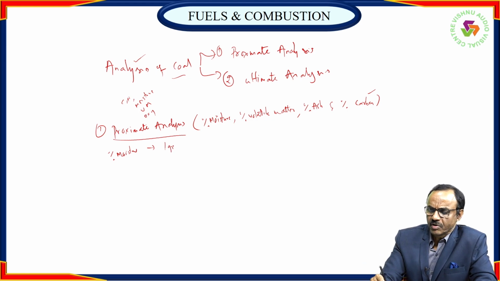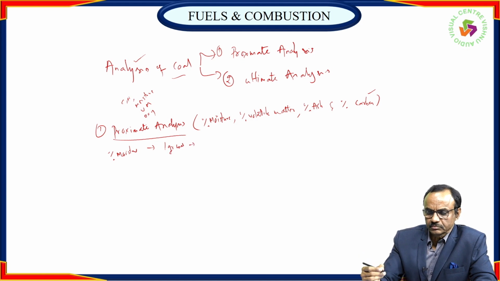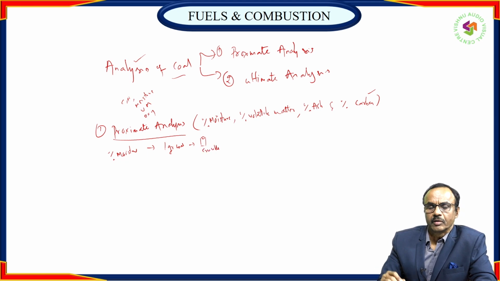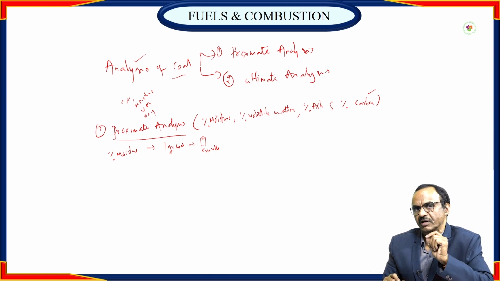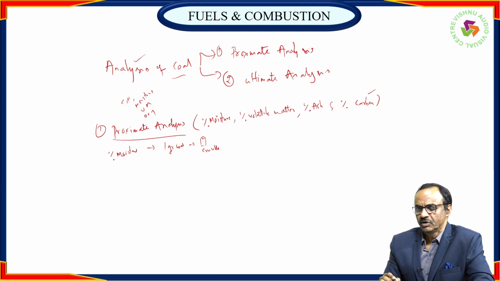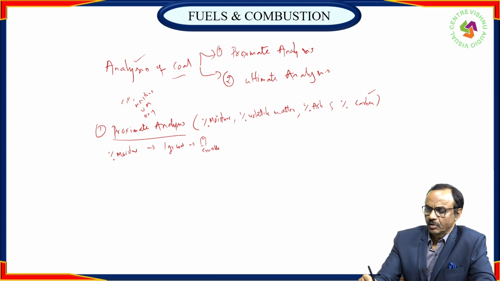You take 1 gram of coal in a crucible. 1 gram is the initial weight of coal taken for analysis, only 1 gram every time, for any analysis, proximate or ultimate.